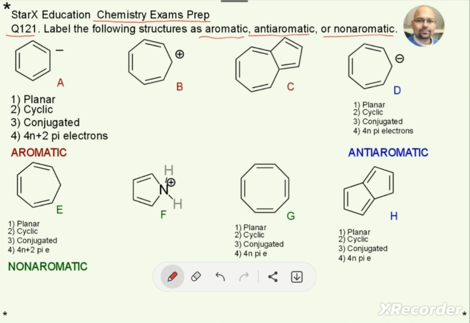The first one is that the molecule must be planar. We are talking in terms of organic compounds. A compound will be planar when all atoms are sp2 hybridized.